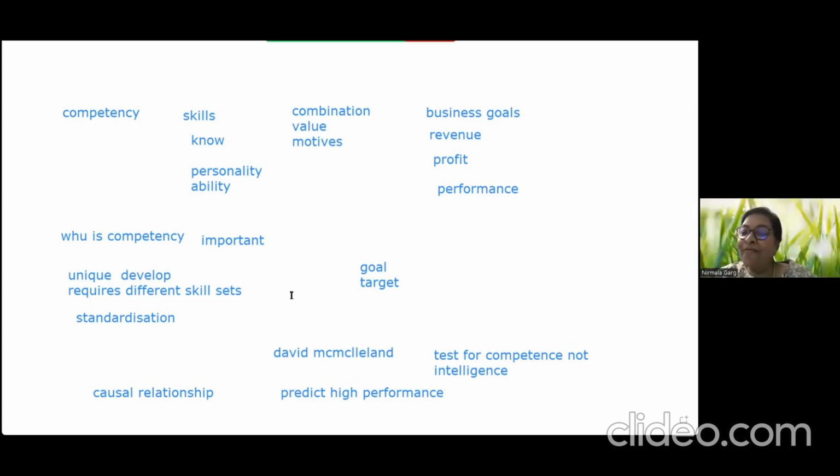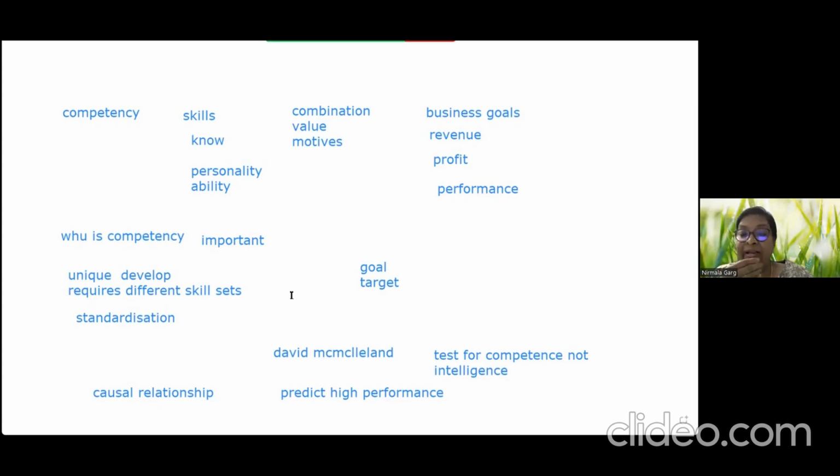Exactly. So if you have the right kind of competency, say for example, high leadership competencies, which I would have mapped, then I will be able to predict that, yes, if I have taken Rashmi into that position, she'll be able to perform better. She'll be a good leader.